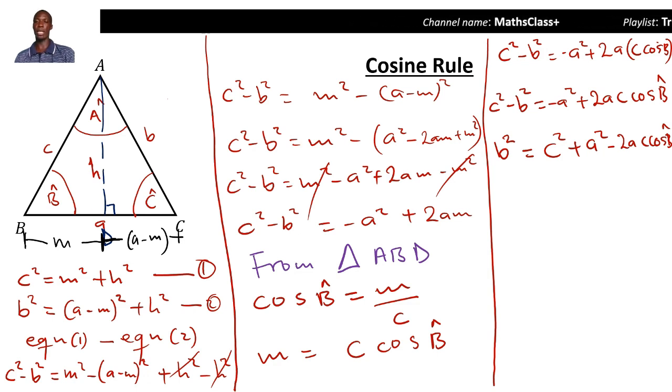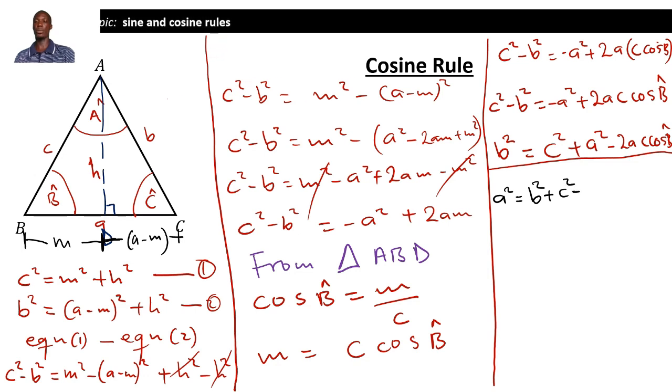And this can be replicated for all the other sides. So for side a, a squared is equal to b squared plus c squared minus 2bc cos a.